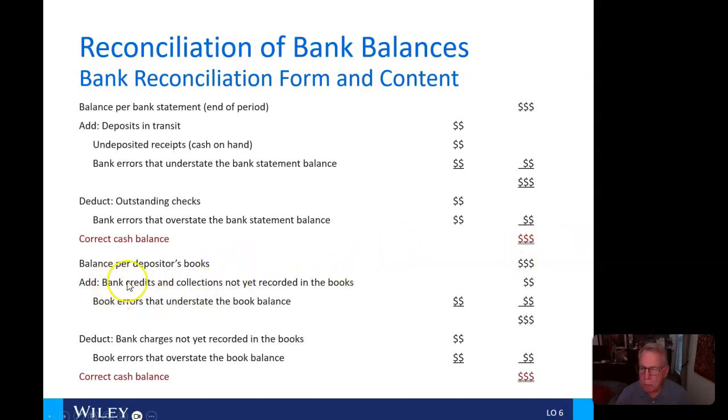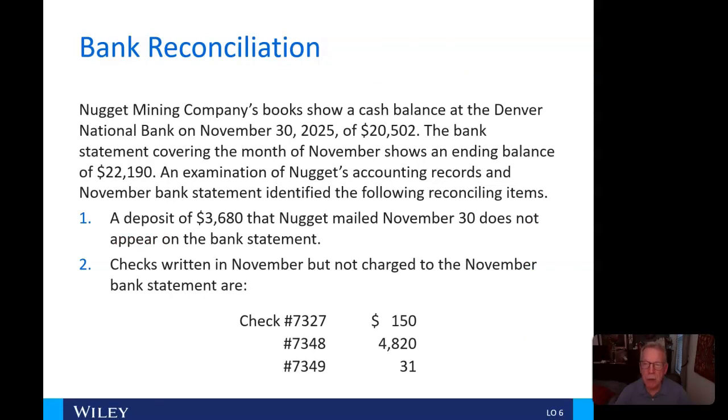Then on the book side, a depositor's side, we're going to add any bank credits, collections, any expenses that we see, any of those kinds of things. And those two items need to match.